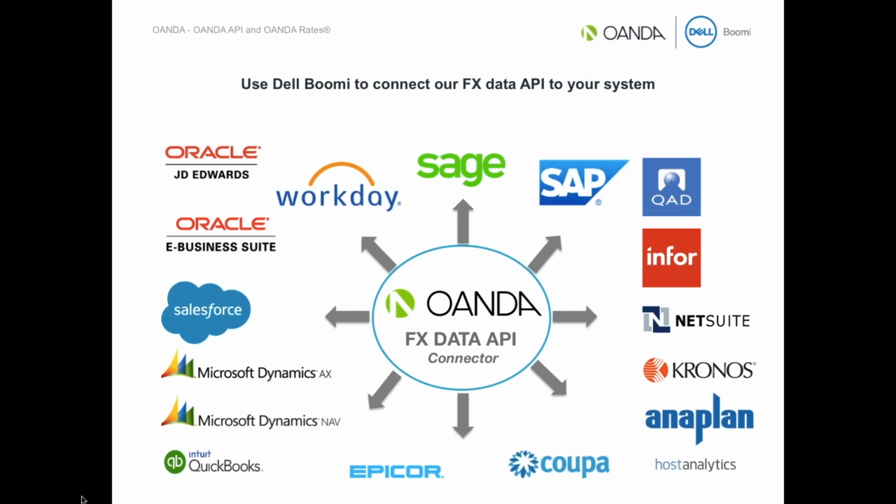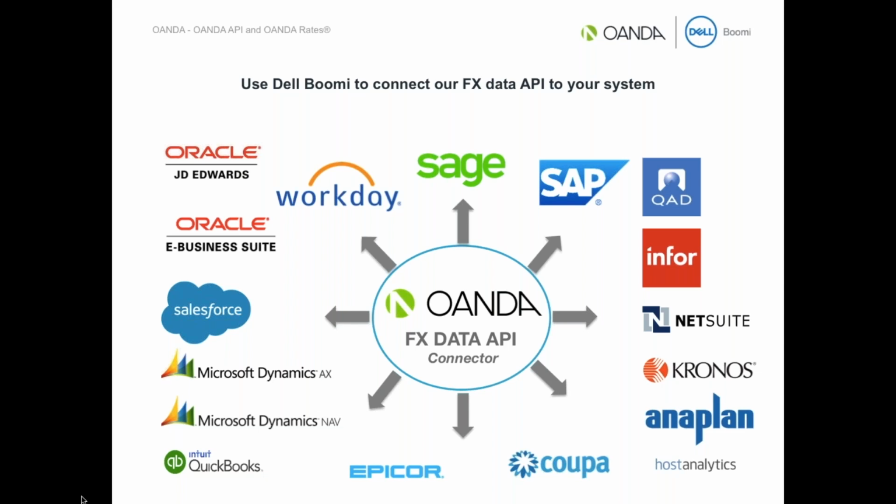In addition to ERP, though, you're also able to connect to companies like Coupa for your procurement, or Anaplan and Host Analytics if it's EPM that you're interested in connecting to, or even Salesforce if you're interested in connecting our data into your CRM system. So we're giving you a variety of alternatives and options for you to connect your data, and that's why we're so excited.